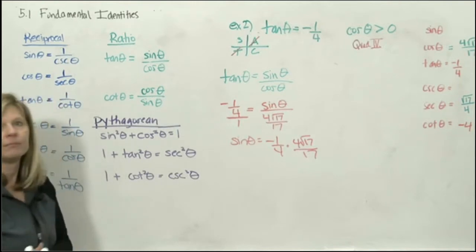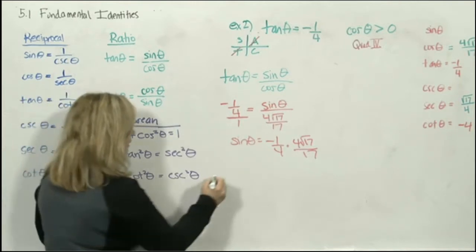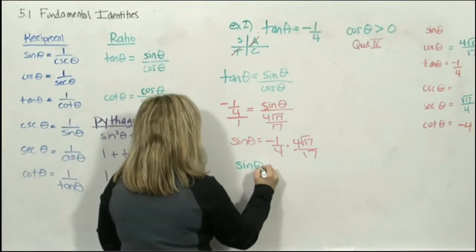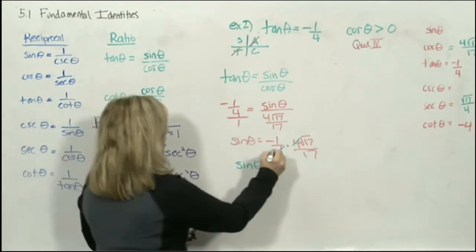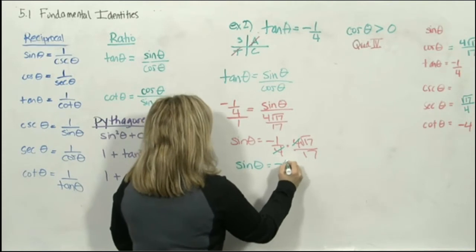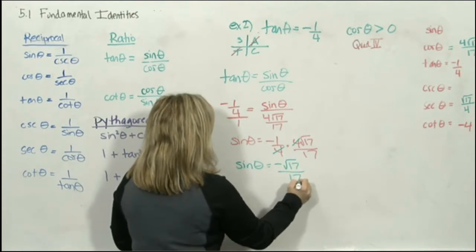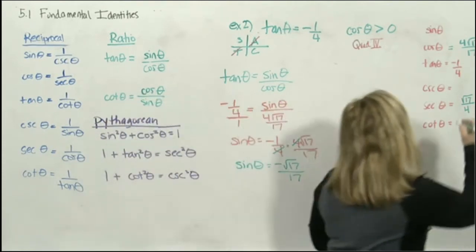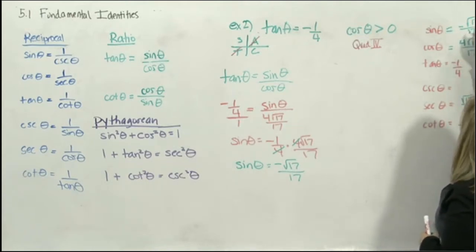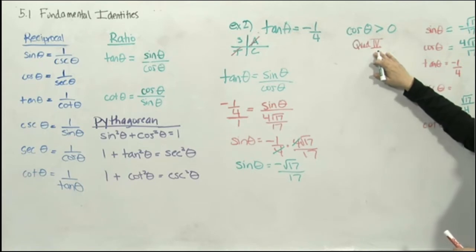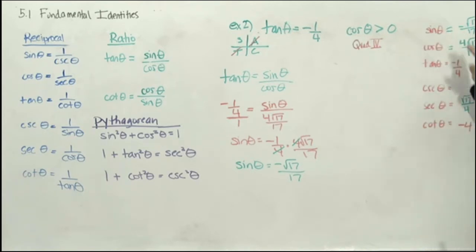Do you all agree with that? So sine theta equals this 4 and this 4 in the numerator and denominator are going to cancel. That's going to leave you negative square root of 17 over 17. We're in quadrant 4. Should sine be a negative? It sure can.